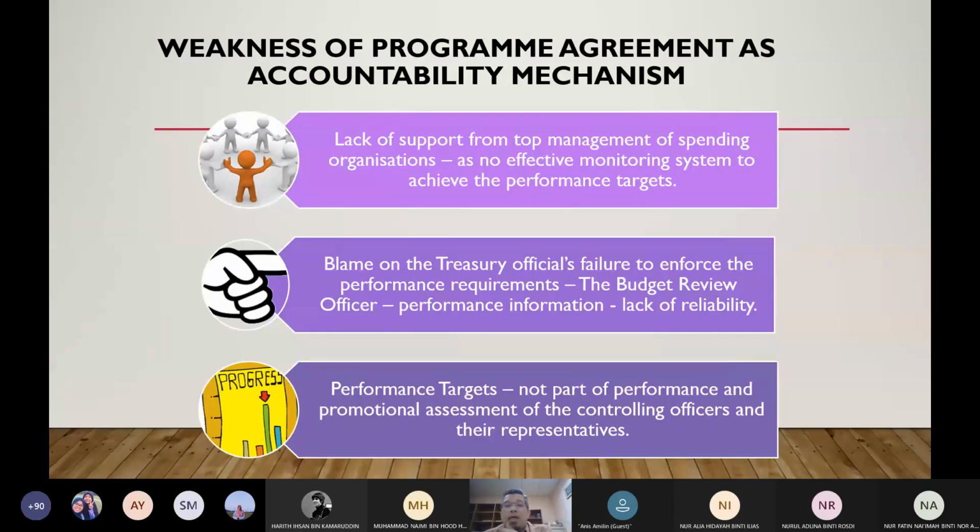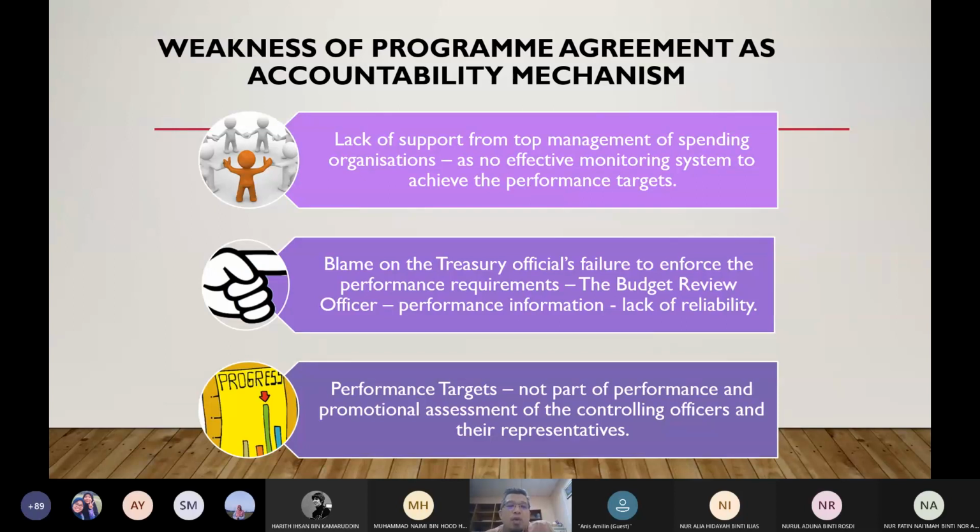Okay, and then the BRO say the information lacks reliability. That's why BRO, I think they are more comfortable with looking at the past year spending instead of looking at the performance measure, the achievement of the result-based performance measure. Lastly, performance target is not part of performance and promotional assessment of controlling officers and their representative.